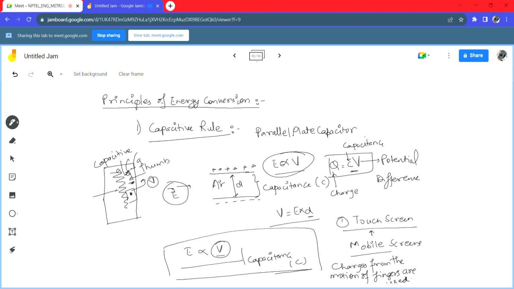So this is nothing but capacitive generation of energy, and a live example that we saw.